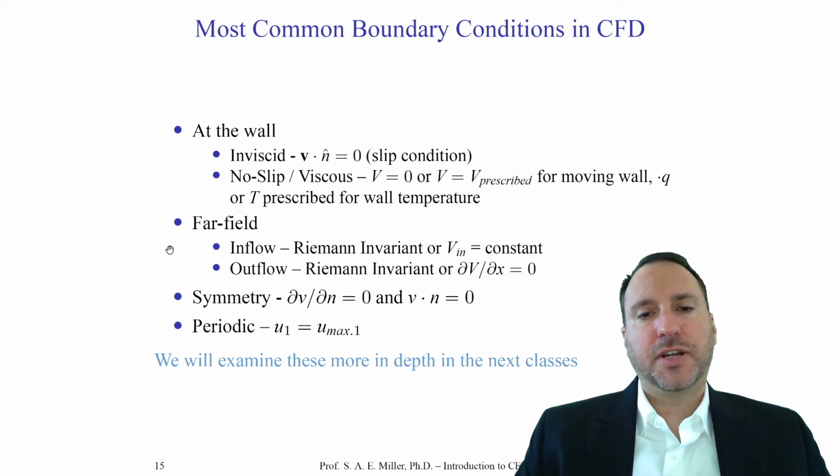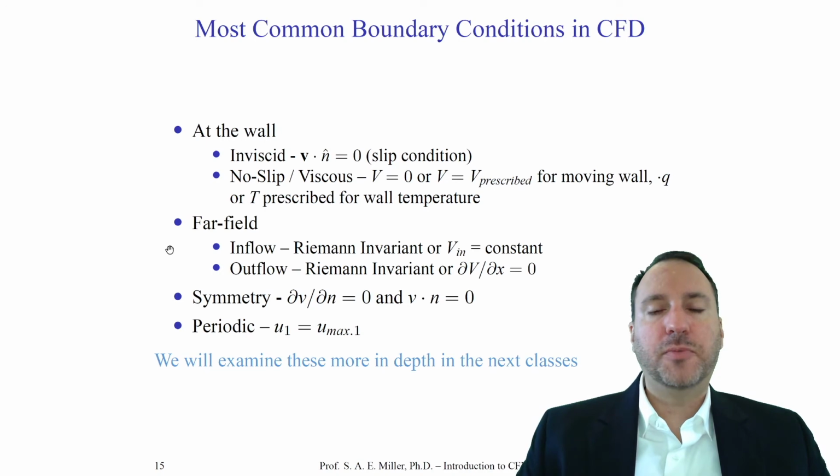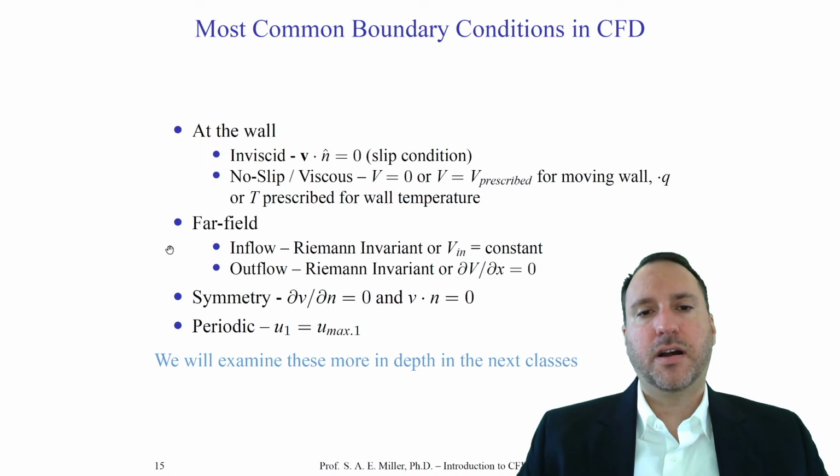Inflow and outflow boundary conditions are respectively conditions of the fluid at the boundary where flow moves into the domain or out of the domain. When a flow moves out of the domain, that means it's leaving the computational domain. If it's flowing into the domain, fluid is being introduced into the domain. This is very much like the mass flow rate problems you've done in your previous classes.